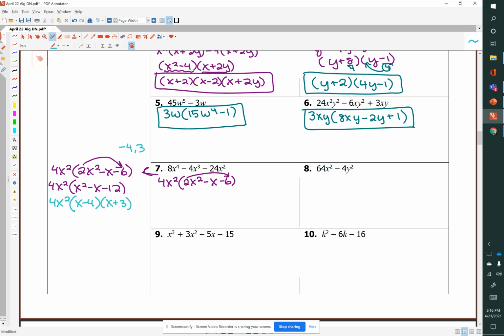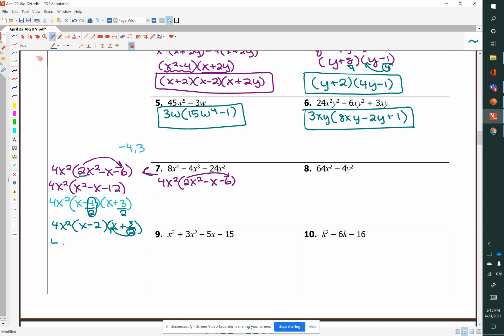And now we're going to take that coefficient of 2 and divide both of these factors by 2, which will give us 4x squared times x minus 2, because 4 divided by 2 is 2, and x plus 3 over 2, which cannot be simplified, but the 2 will slide up in front of the x.